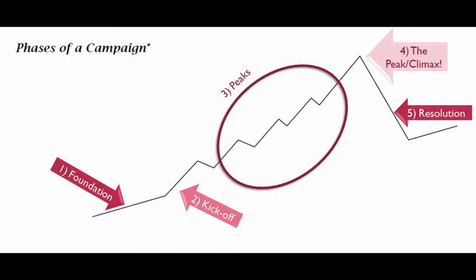That resolution might be getting what we want, a policy put in place, a law repealed, a candidate elected, or it may be us not getting what we want and us having to reset and begin all over again, somewhere around here. The foundation has already been laid, but then we start going again. And when we talk about campaigns, we're talking about something that can last anywhere from a few weeks to years.